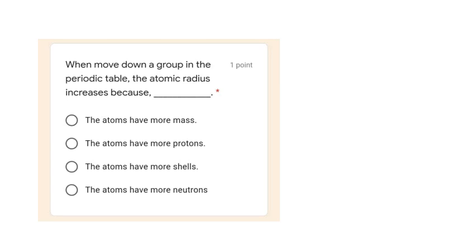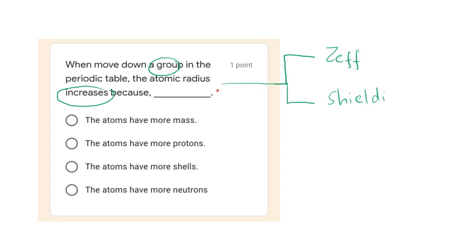Okay, question 12. When going down a group, the atomic radius is increased. For your information, there are 2 factors that will influence the atomic radius: either effective nuclear charge or shielding effect.